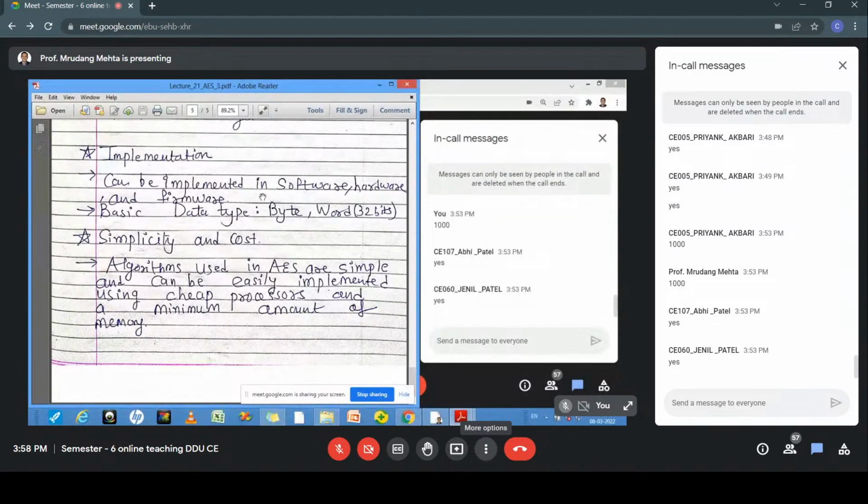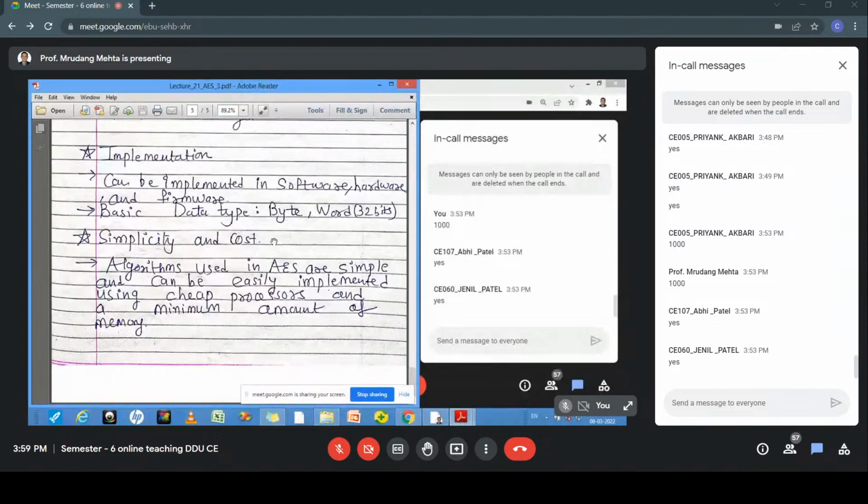So there is dedicated hardware, and there are also firmwares which use DES and AES. It is possible to implement both on software, hardware, and firmware because the basic data type is either a byte or a word. That is why it is very simple and cost effective.